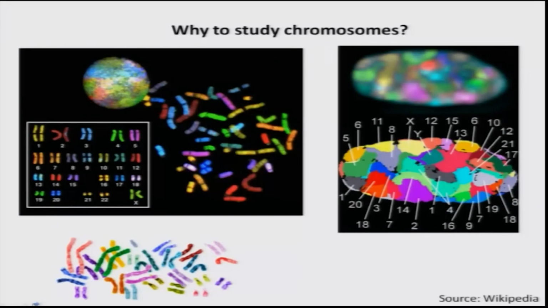Now, this kind of approach also has helped us to understand that chromosomes are not randomly distributed in the nucleus. What is shown here is an interphase nucleus, meaning a nucleus wherein the chromosomes are active in the process of transcription. They are being copied to make RNA, the RNA is being copied to make proteins and so on.